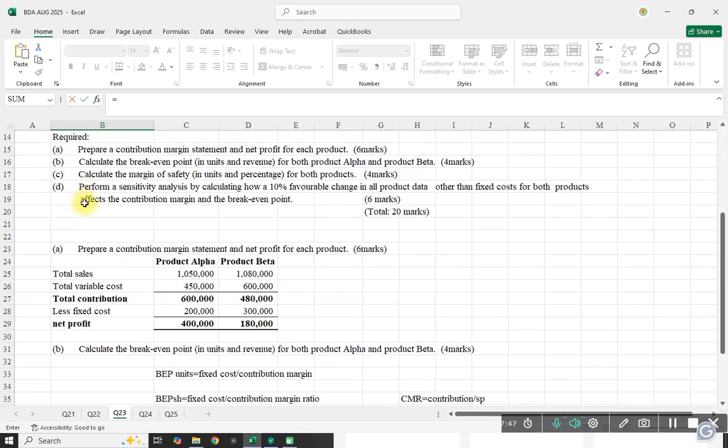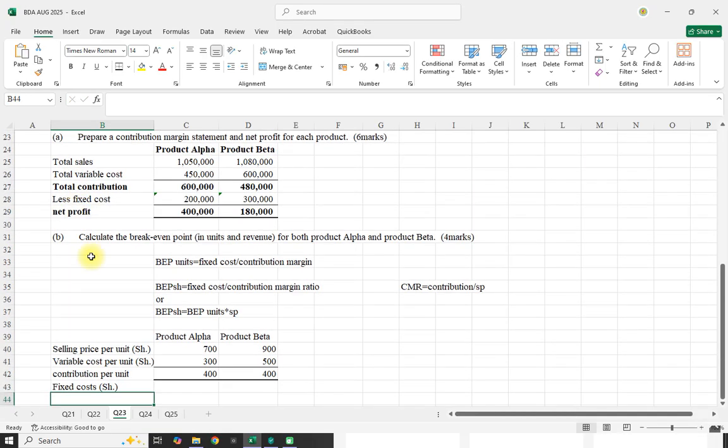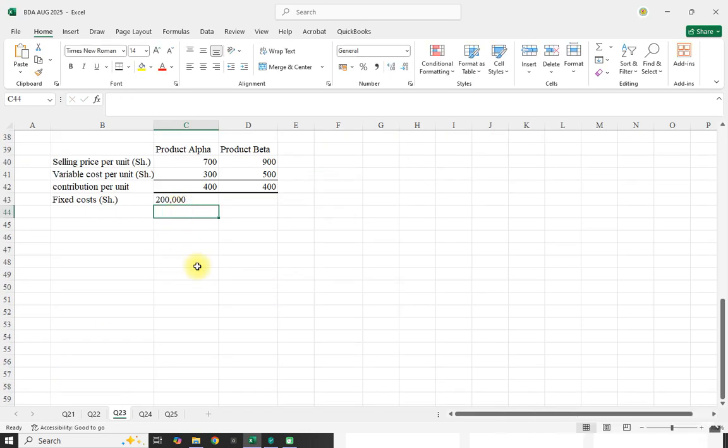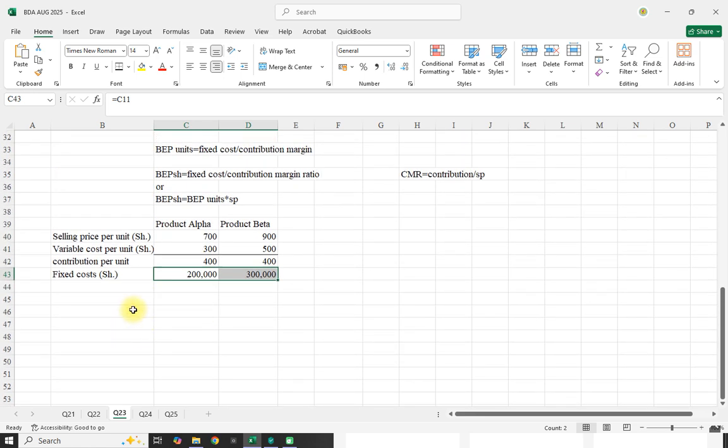You can bring the fixed cost here. So the fixed cost, we have it here. That is the fixed cost that we are having, so that from there now we can be able to get our BP in units.